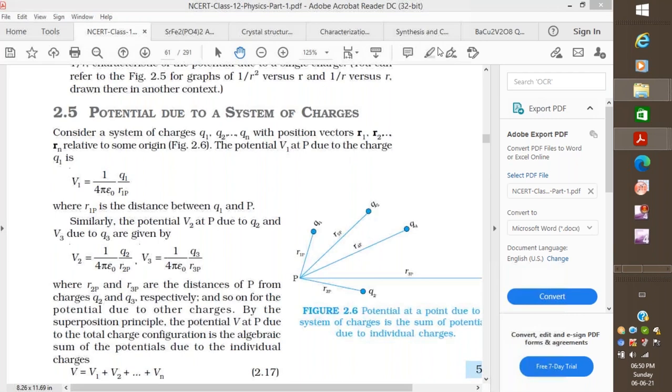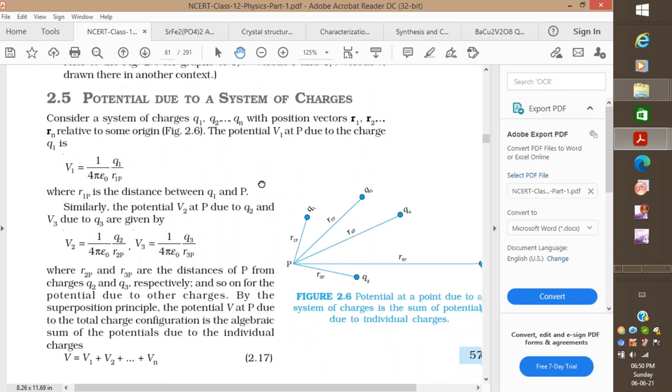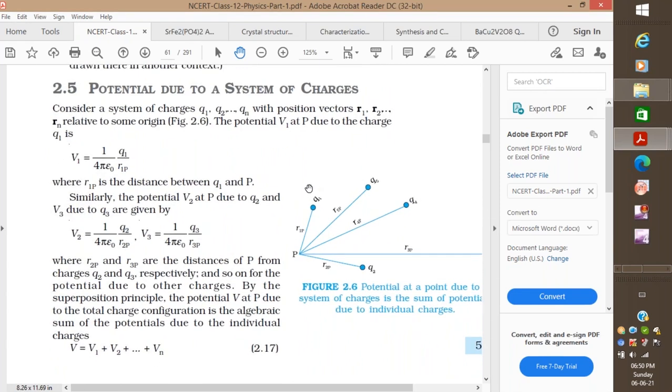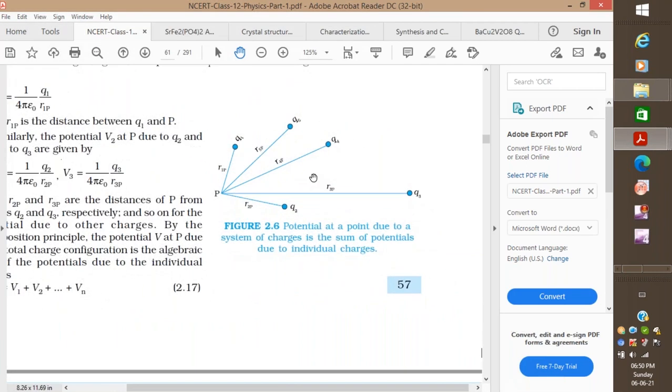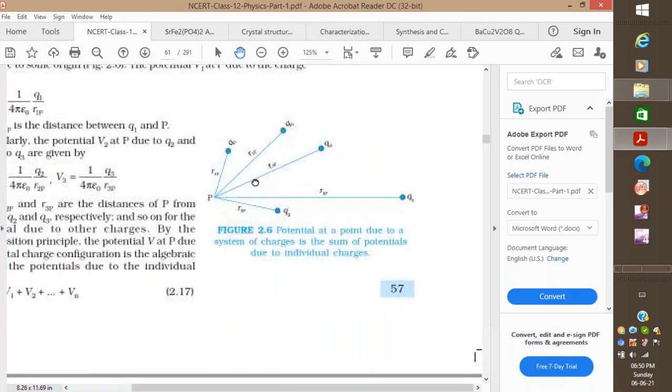Now we will see, instead of a single point charge, if I have a system of charges. Look at this figure: there are five charges, Q1, Q2, Q3, Q4, like that. In this case, how do we calculate the potential at a particular point? I had already told you that it will also follow the principle of superposition.